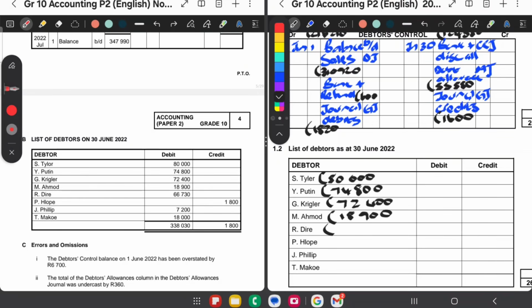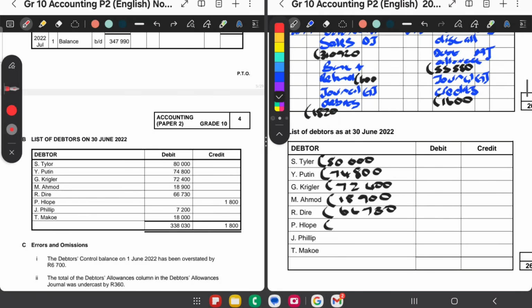And then this person, 66,730. And then this person has a credit balance. So P. Lope has a credit balance, so negative 1,800. And then the next person is this. And my last person is 18,000. Okay, so there I opened all the balances.